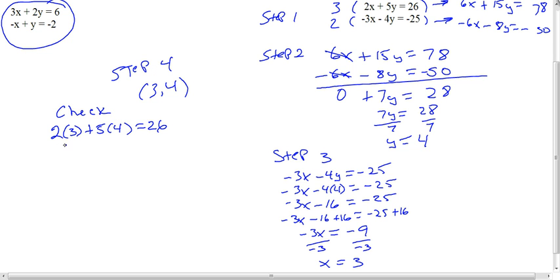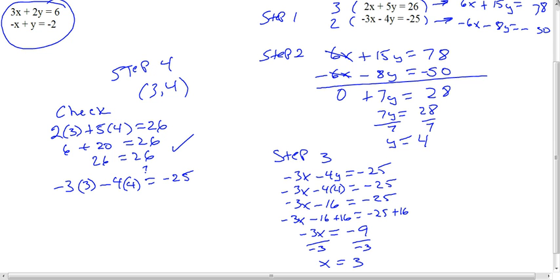So here I have 6 plus 20 is equal to 26, and 26 indeed equals 26. Okay, so let's take a look at the second one. I have negative 3 times my x value, which is 3, minus 4 times my y value, which is 4, and that's going to equal negative 25, hopefully.